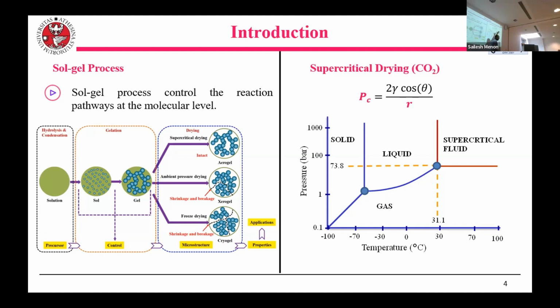We avoid surface tension because its presence would induce capillary stress in our aerogel. If the pores are very small, it induces a very high capillary pressure, and that may damage our structure. Therefore, to avoid surface tension, we bring the system to the supercritical condition. Then we bring it down to room temperature, and the gel obtained by this process is called an aerogel.